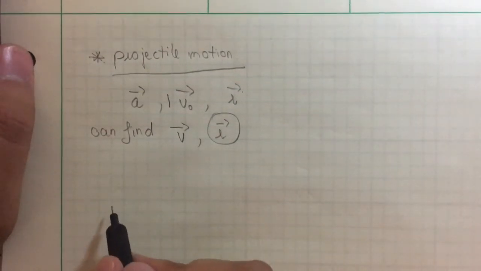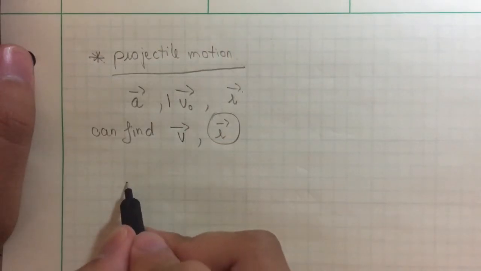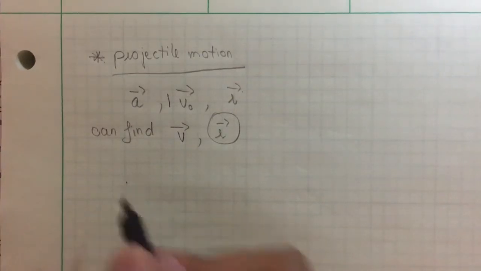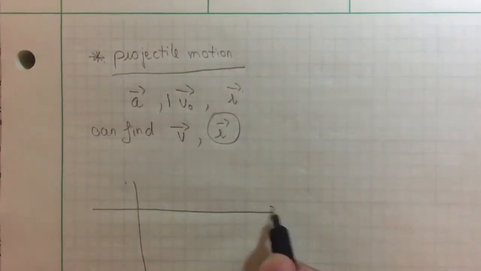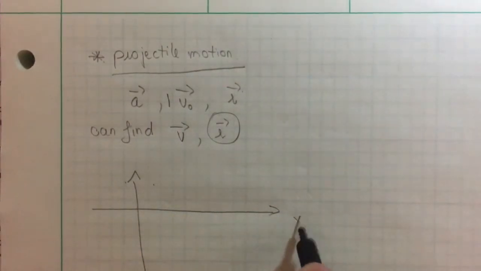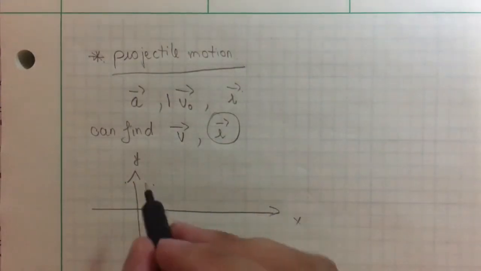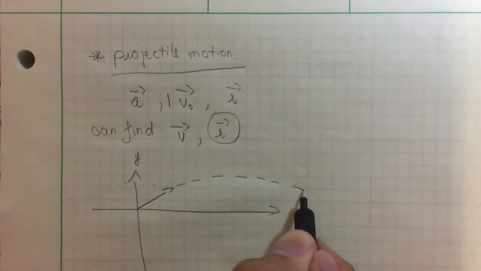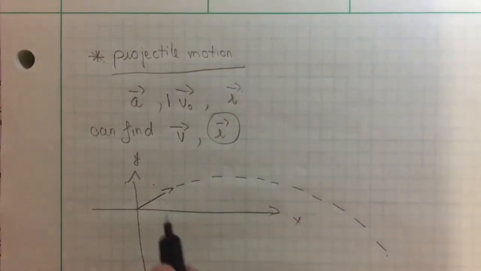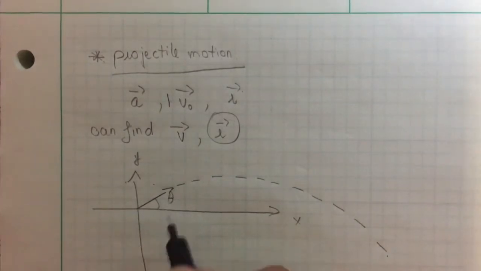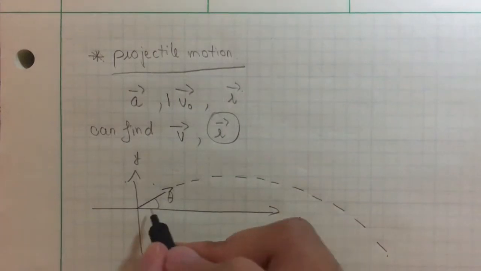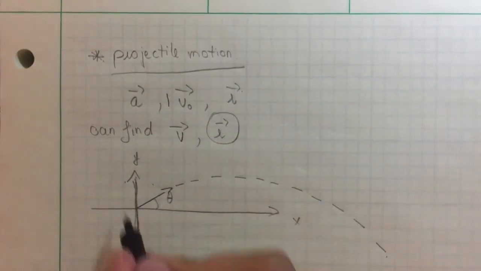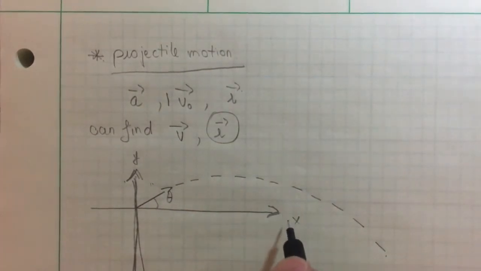Let's turn the axes in the direction so that the particle moves on the xy plane. Now let's look at this. We have angle theta here, with the y-axis and x-axis.